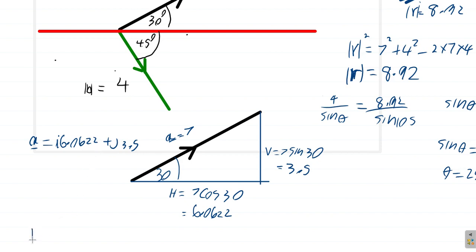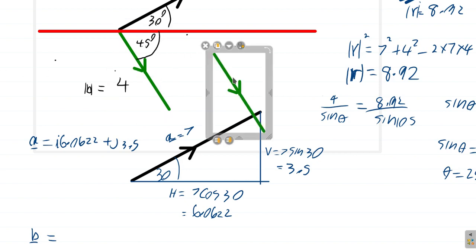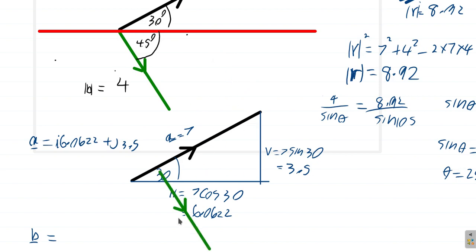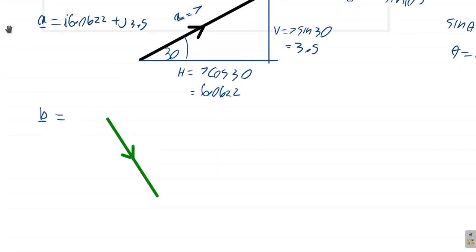What about B now? The vector B, we see how we deal with B. So we take B, make a copy of it, and put B down here and deal with it. It's 45 degrees from the horizontal. Our horizontal here and vertical.